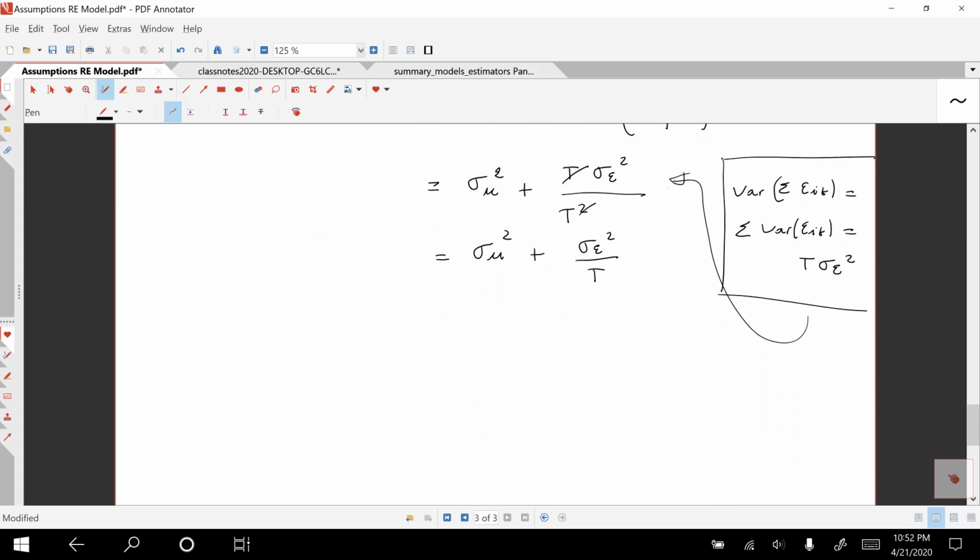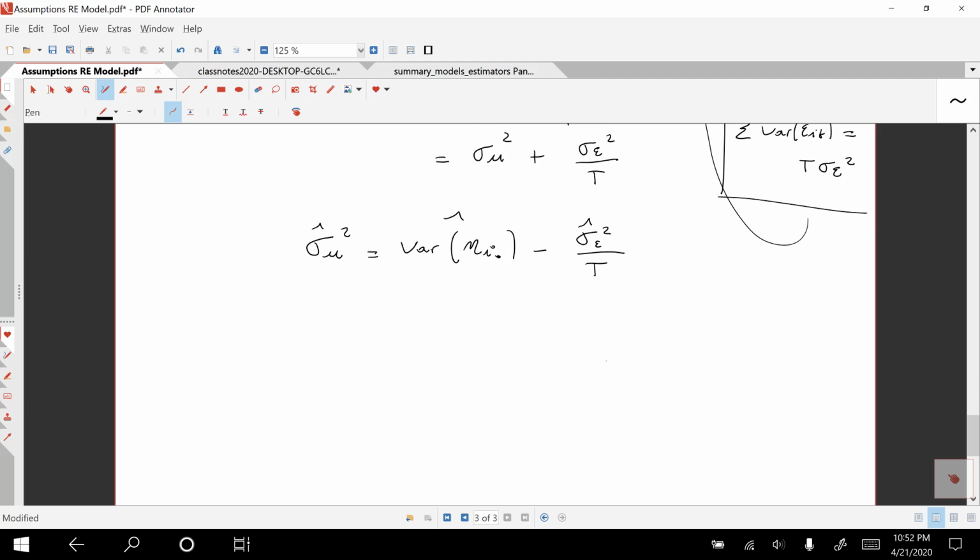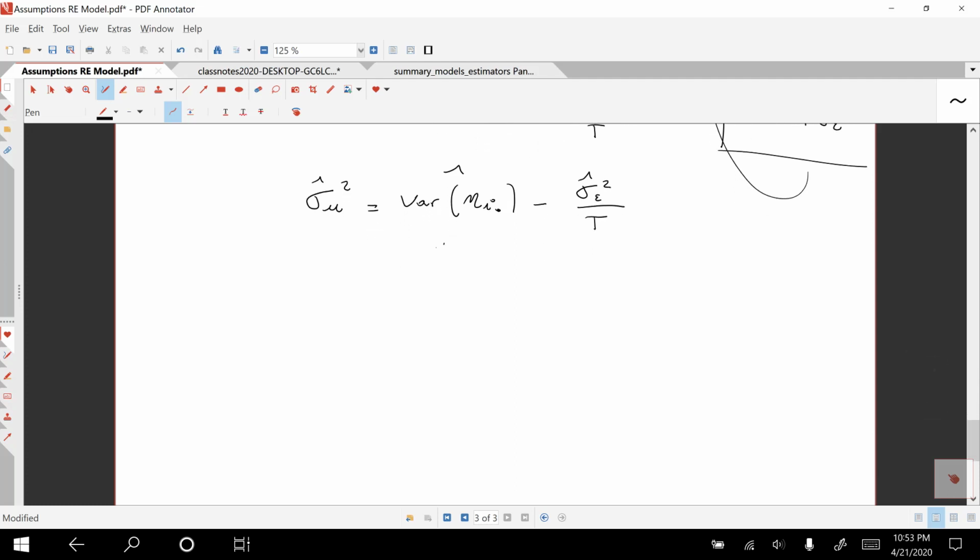So in practice, to get sigma mu squared hat, it is going to be equal to the variance of eta i that we obtain from the between transformation for the random effects model, minus that error variance that we had estimated previously using the fixed effects estimator for the random effects model.